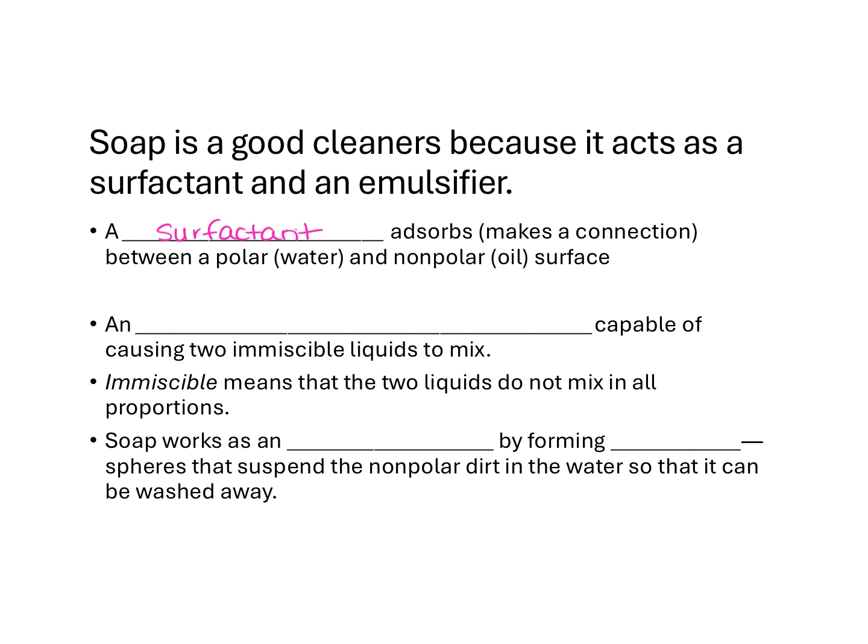Now, an emulsifier is a surfactant capable of causing two immiscible liquids to mix. Now, immiscible just means they will not mix, and that emulsifier comes along and is a helper and helps them mix.